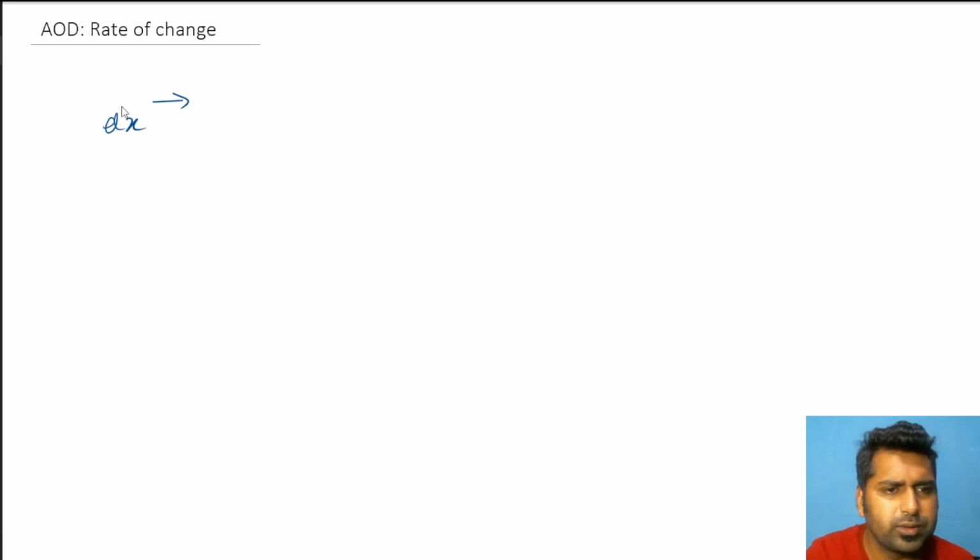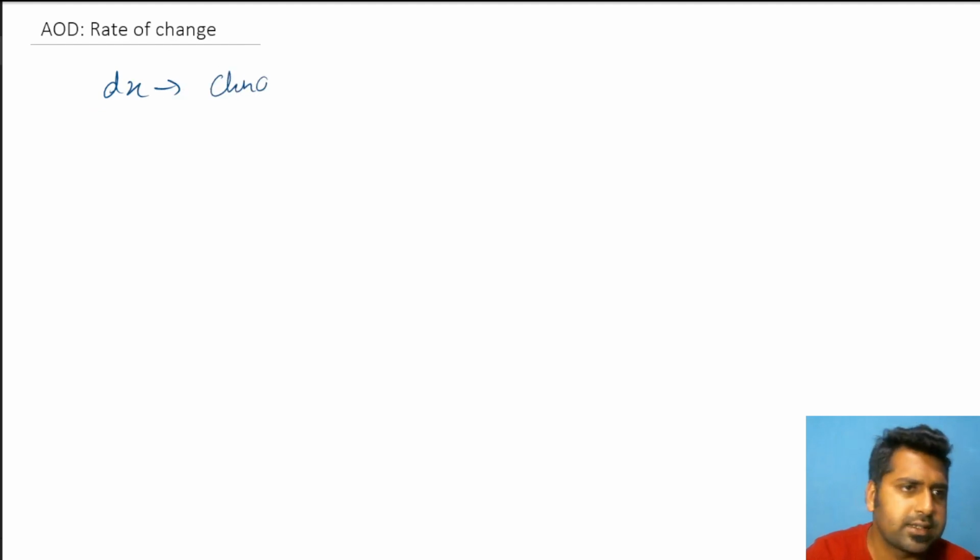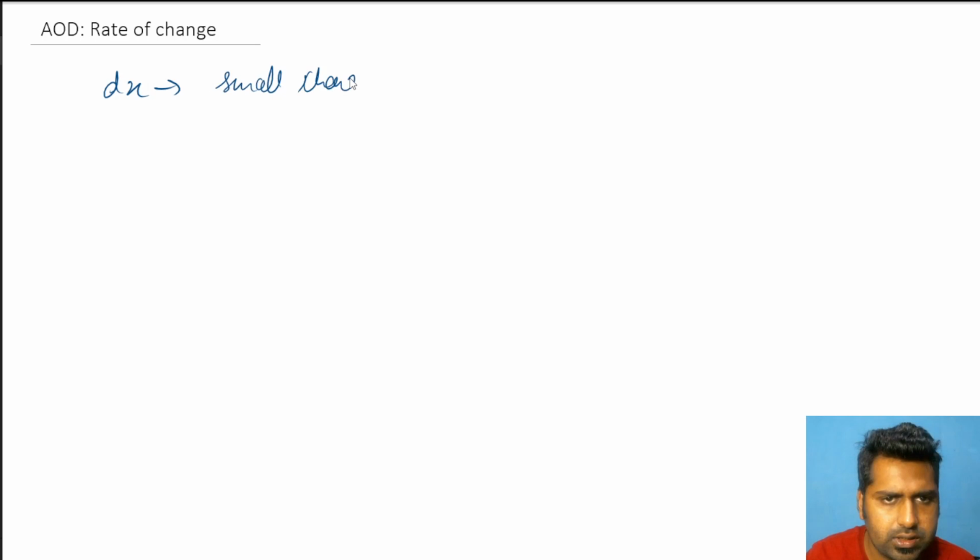So before even going to that, let's just understand what is dy, what is dx. The meaning of dx is change in x. Usually d represents small change, so I'll write small change in x.